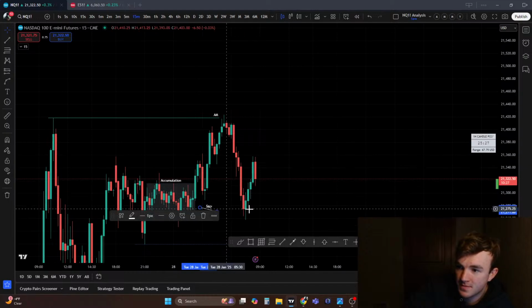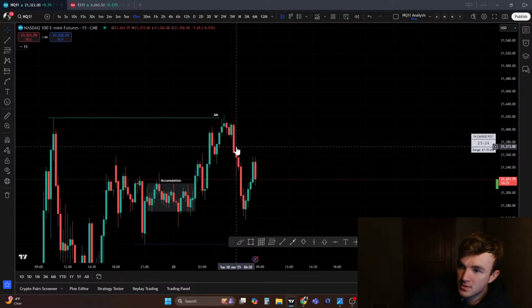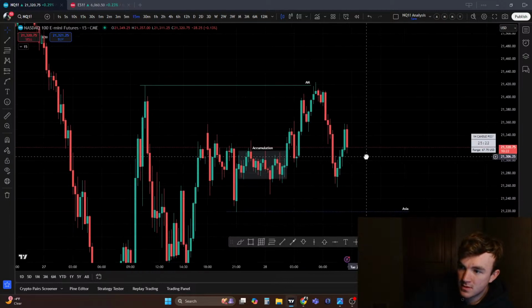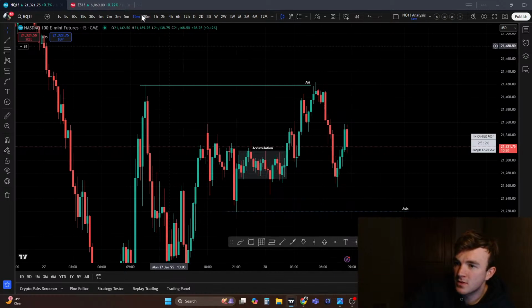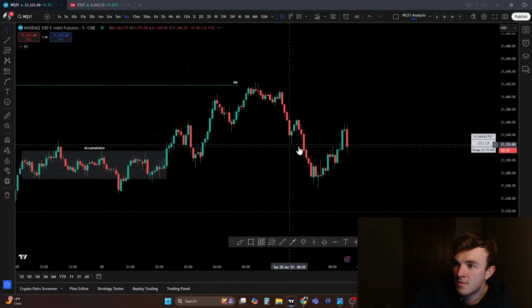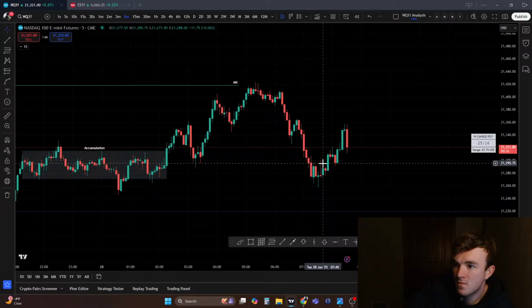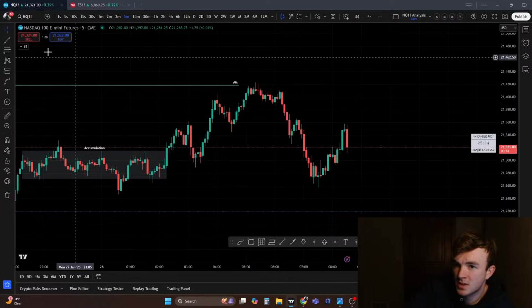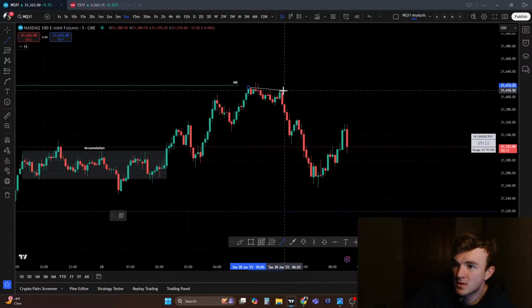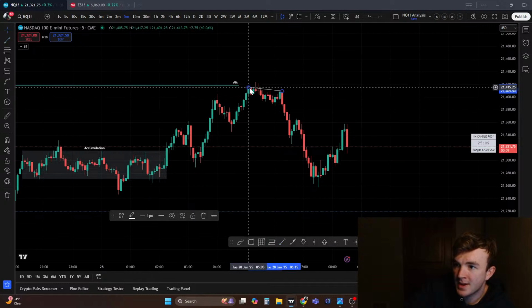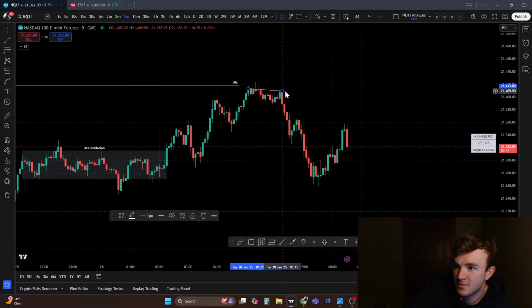So it's like I'm not convinced we have to go lower yet, just because there's liquidity above still. My guess is we need to go take out these highs first.